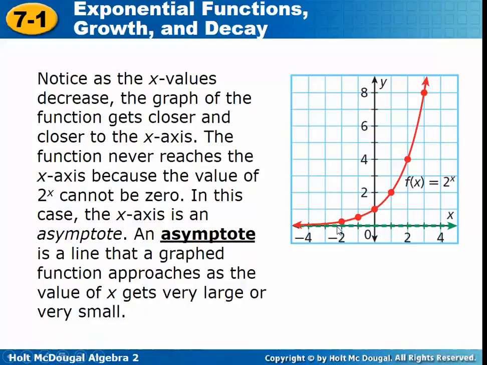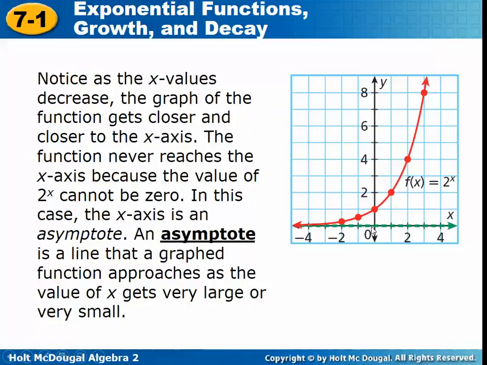As the x values decrease over here on the left side, our function is getting closer and closer to the x-axis. Very, very close, but it never will touch it because 2 to the x can never be 0. So we call the x-axis an asymptote. An asymptote is a line that a graphed function approaches as the value of x gets very small, like we see over here on the left, or sometimes very large.